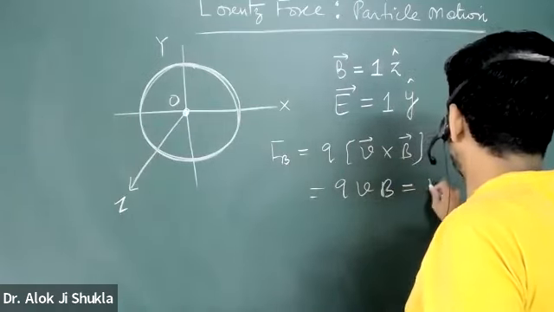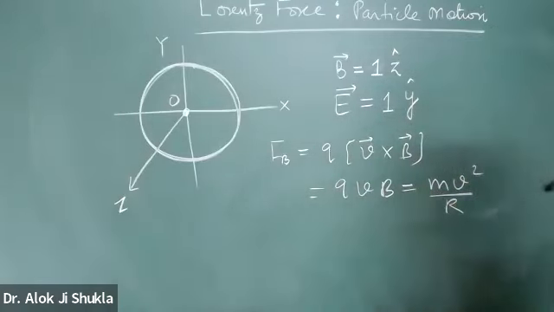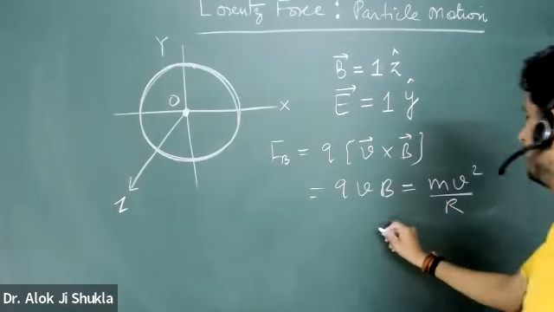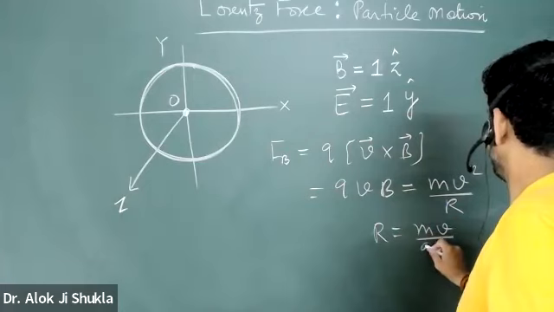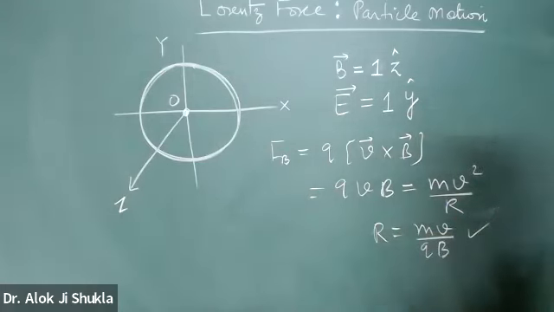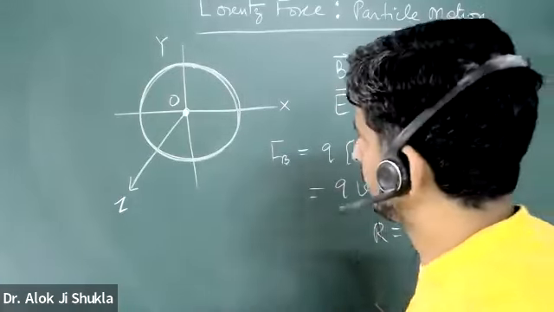That will provide the centripetal force mv square by r, and it will be moving with radius r is equal to mv by qB. This is the situation when velocity and magnetic field are perpendicular, and the centripetal force is provided by Lorentz force.